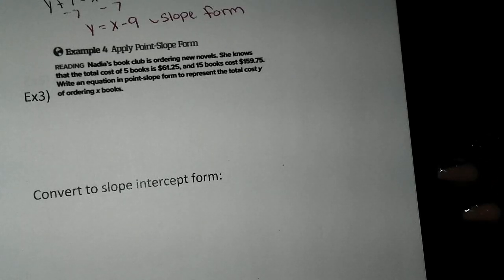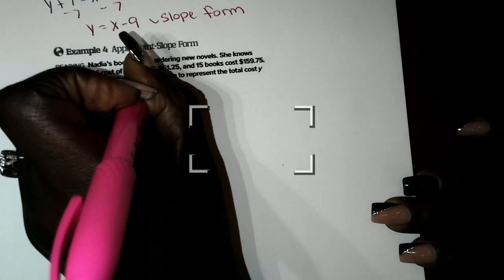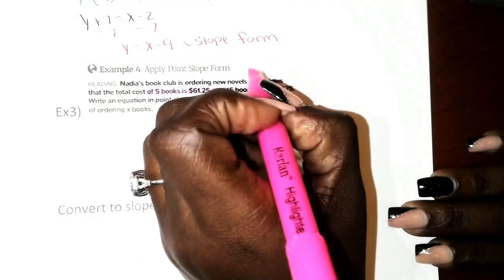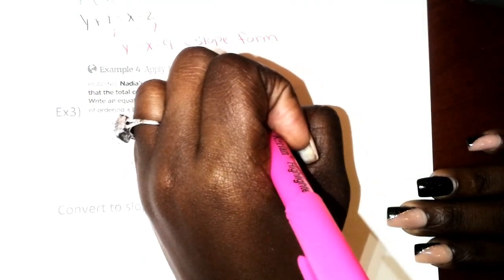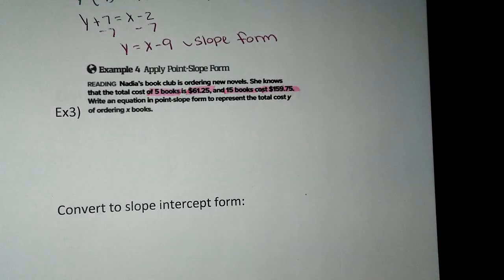So Nadia's Book Club is ordering new novels. She knows that the total cost of 5 books is $61.25, and 15 books is $159.75.